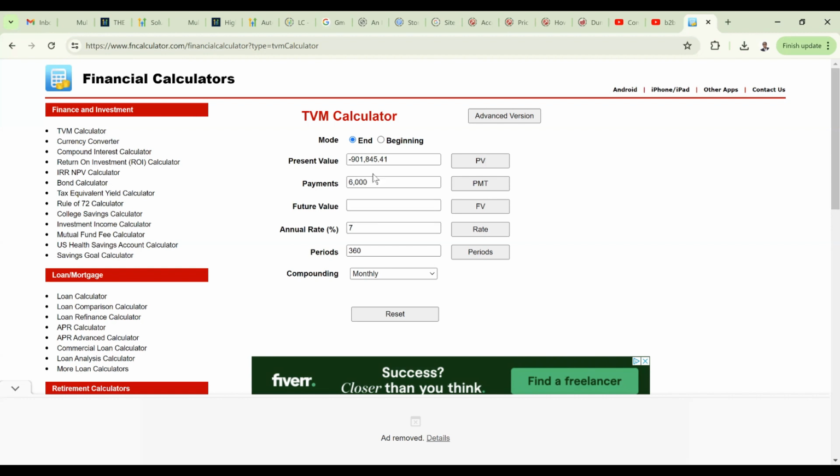But let's say I want to borrow 901, but I could get it at a much lower interest rate. So let's assume I could get it at 6. If I get it at 6, it'll show me when pressing present value, I could borrow $1 million if it's at 6. This comes in very handy when you have 3 of the 4 parameters. So play around with this when you have a deal and you don't know what you can afford or what the property can withstand.